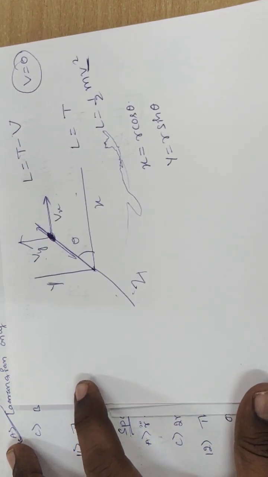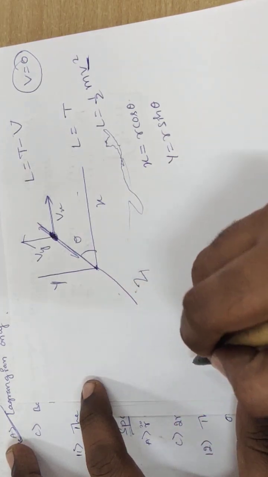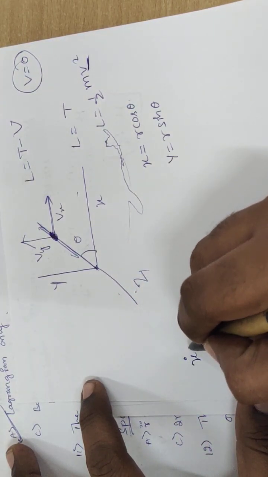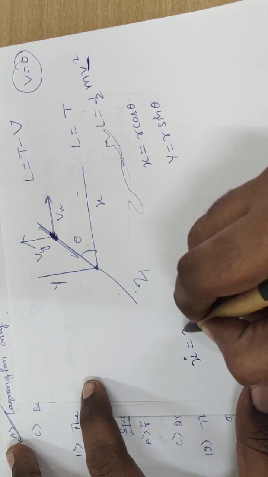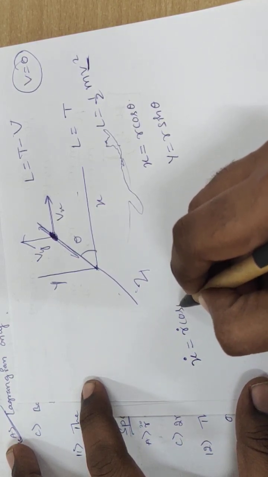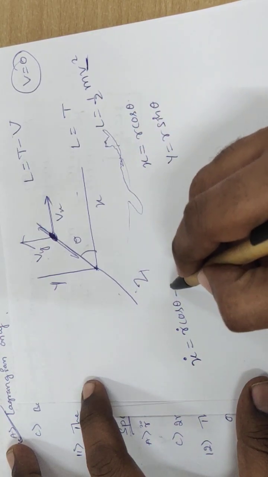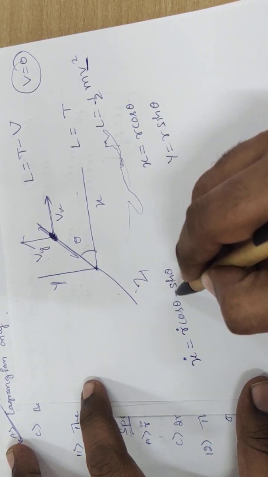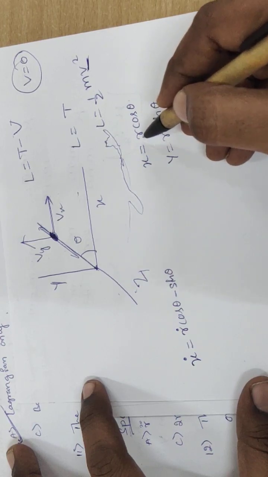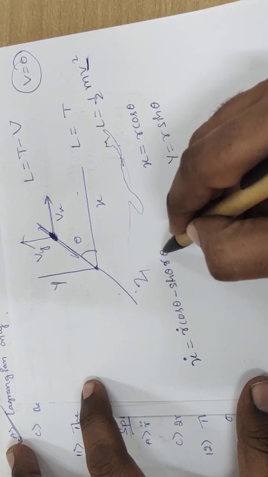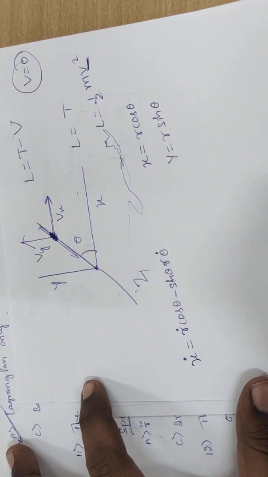Now if we differentiate this, we get x dot is equal to r dot into cos theta minus, since the differentiation of cos theta gives minus sin theta, r sin theta into theta dot.